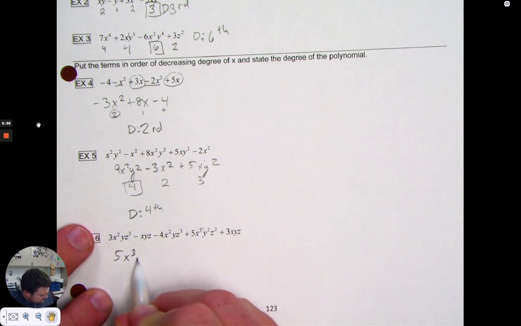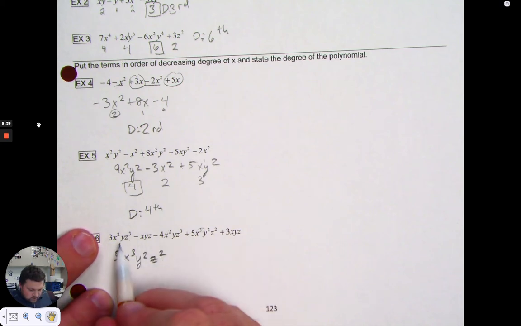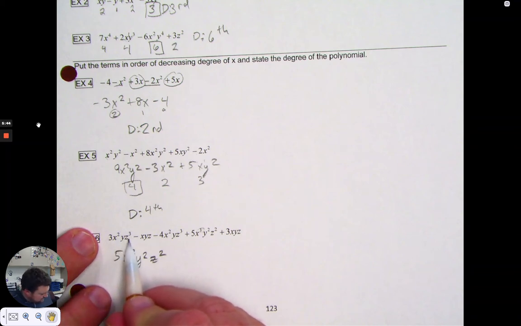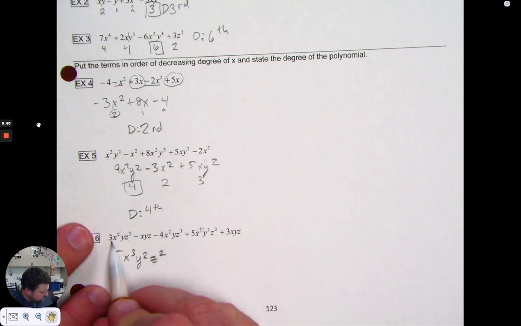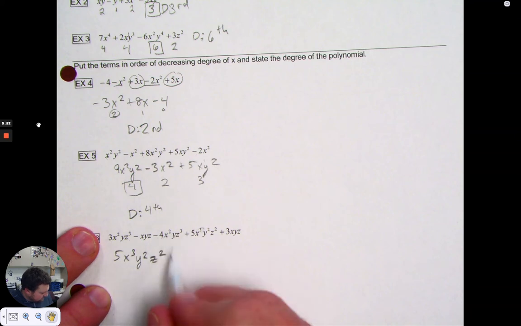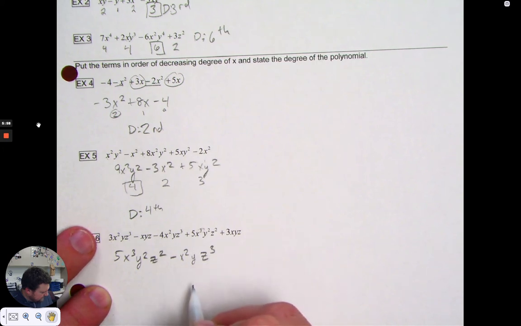So 5x cubed y squared z squared. Okay, then we have this 3x squared y z cubed that can be combined with this negative 4x squared y z cubed. So positive 3, negative 4 leaves us with a negative 1x squared y z cubed.